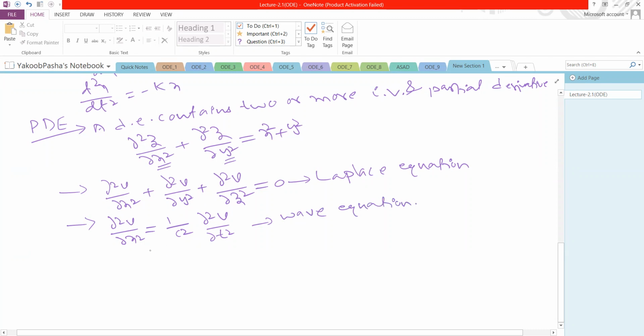Now this differential equation is also represented as dou square v by dou t square is equal to c square into dou square v by dou x square. This is also known as the one-dimensional wave equation.